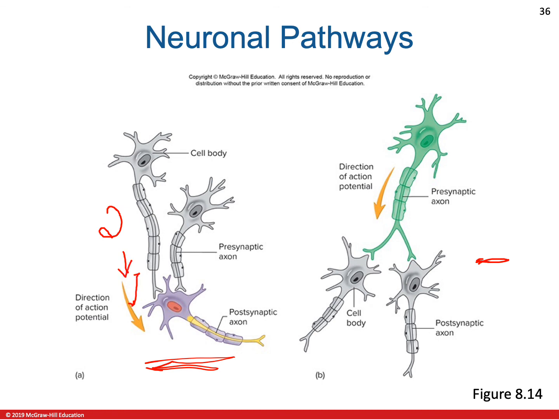While this one neuron synapses into two. It has two axons here. So meaning the messages can be sent into two areas. This one, messages from different areas can be brought into one area.